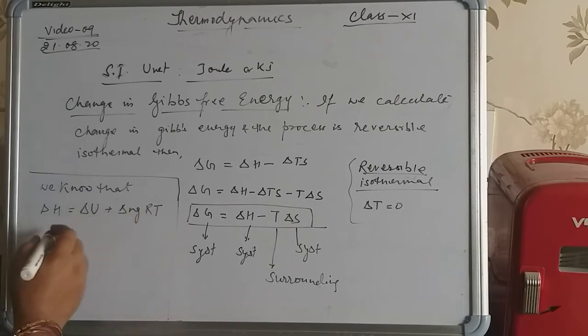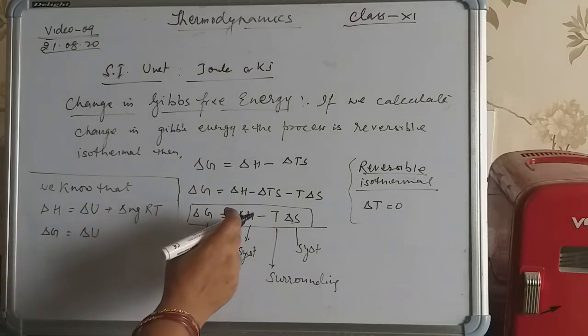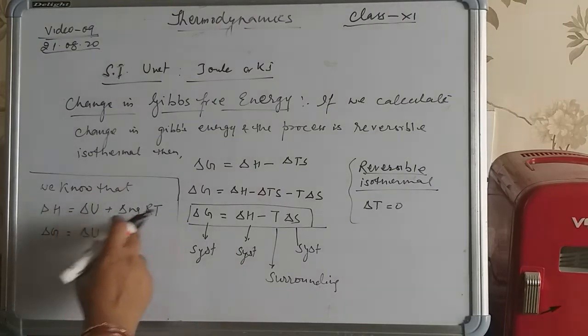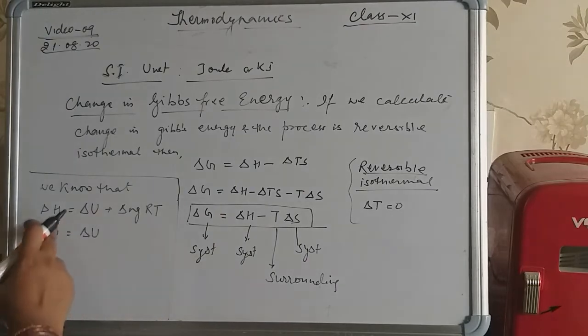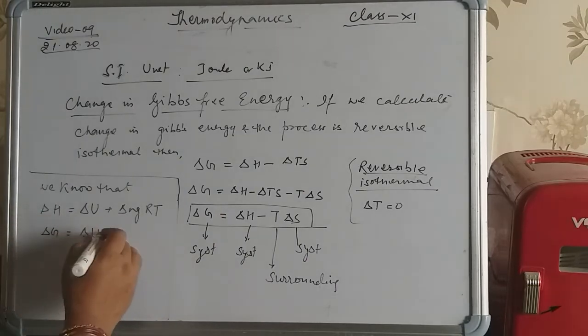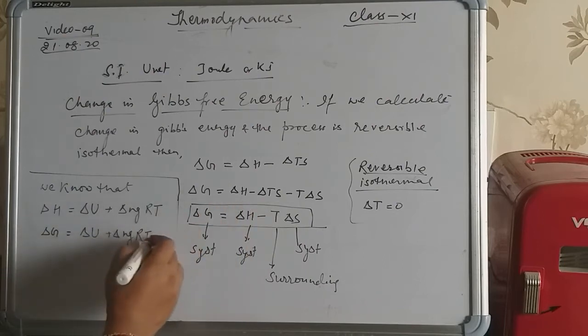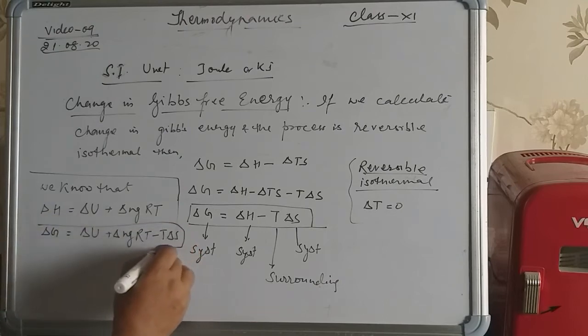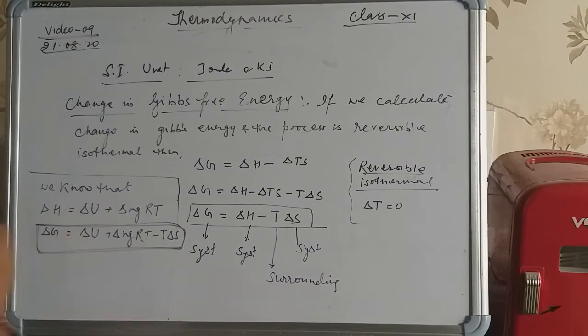So we put the value of delta H equals this. We can put this value for delta H here. So delta G equals delta U plus delta n_g RT minus T delta S. This is one more equation given by Gibbs free energy.